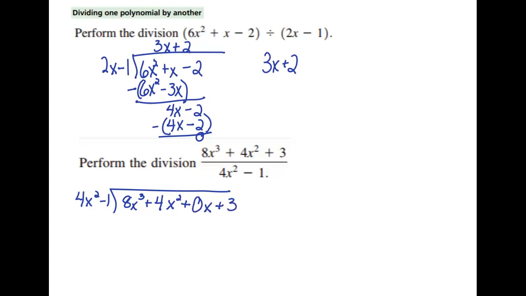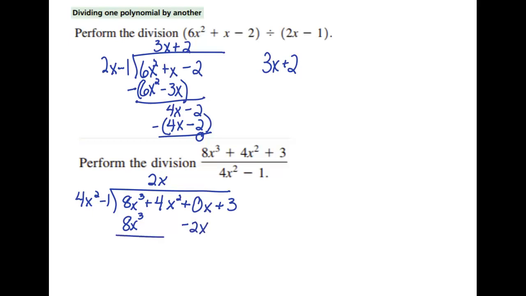And go through the process the same way. How many times will 4x squared go into 8x cubed? That's going to be 2x times. Multiply it back out. 2x times 4x squared is 8x cubed. 2x times negative 1 is negative 2x. Now I'm not going to line it up underneath this because it goes with the x. So I'm going to write it over here, minus 2x.